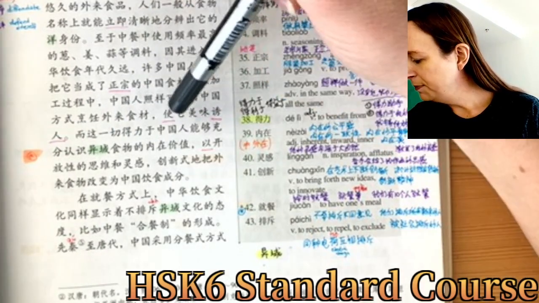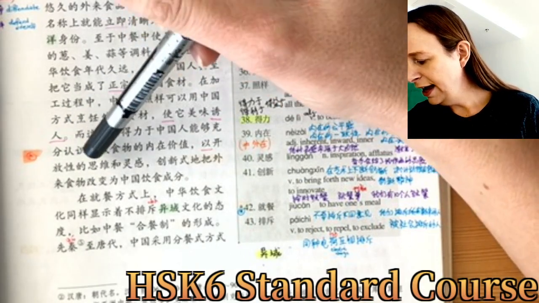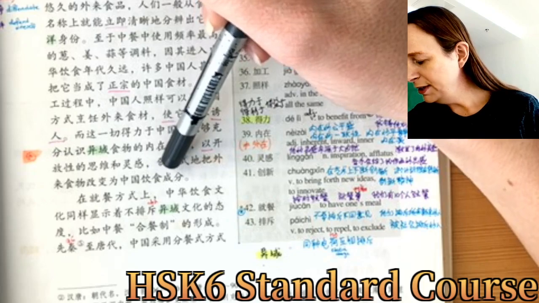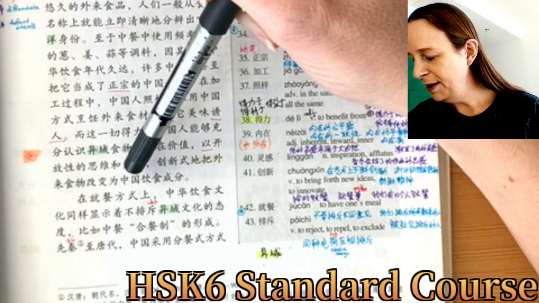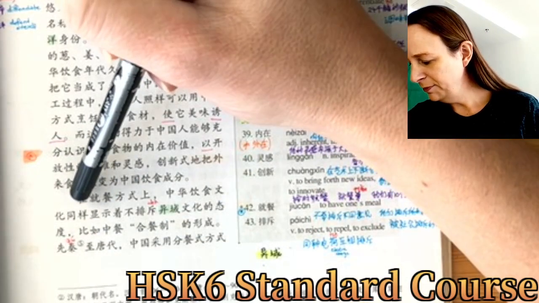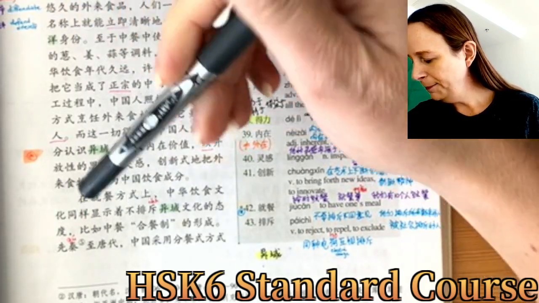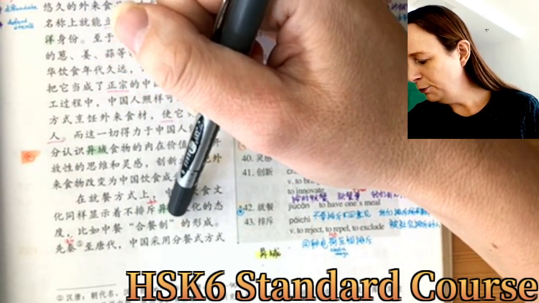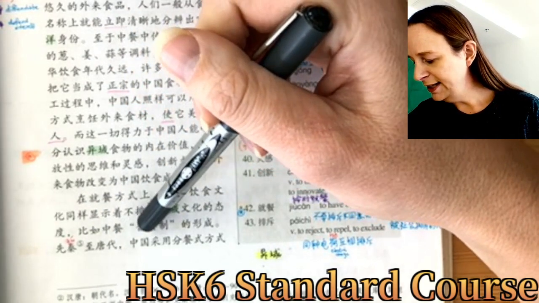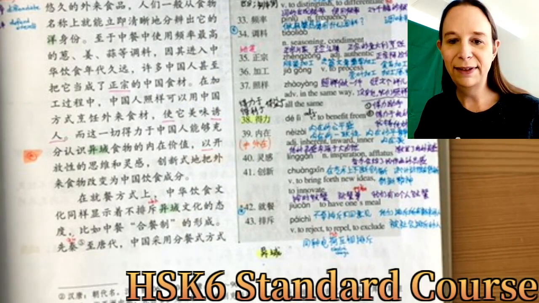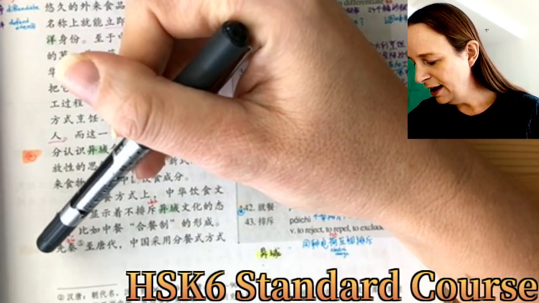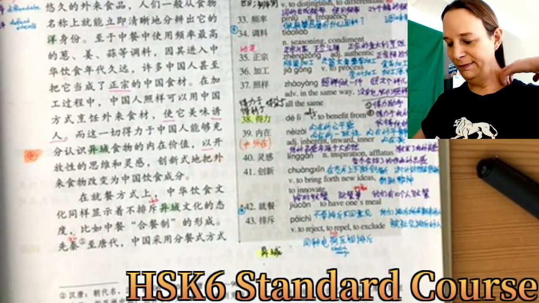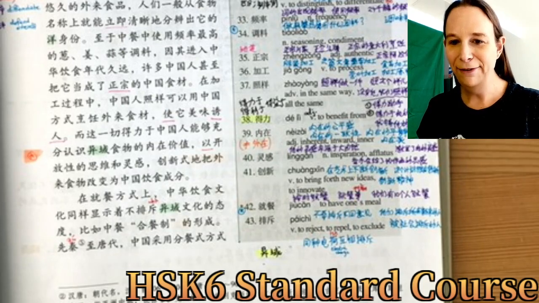而这一切得力于中国人能够充分认识异域食物的内在价值，以开放性的思维和灵感，创新式地把外来食物改变为中国饮食成分。在就餐方式上，中华饮食文化同样显示着不排斥异域文化的态度。比如中餐合餐制的形式，合餐制 something like fusion food。先秦至唐代，秦也是秦朝。It's when you had the first emperor of China.